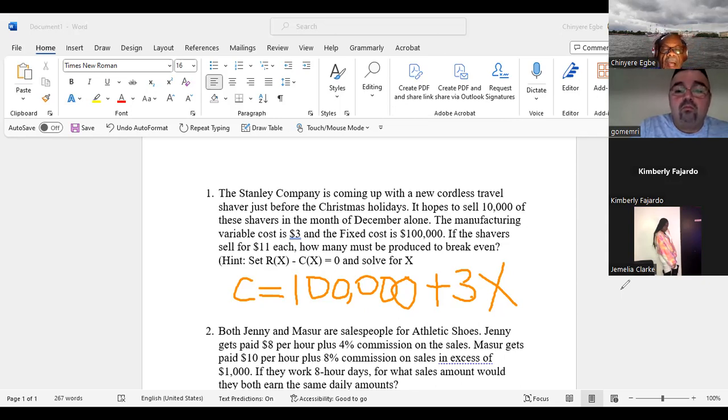So now, if you're doing business, you're thinking about a profit. In as much as the shavers have cost you some money, you're going to recover this money, this cost, by selling shavers. And so your revenue minus your cost is your profit. So whatever the revenue is, let us put that revenue here. Revenue minus cost equals profit.